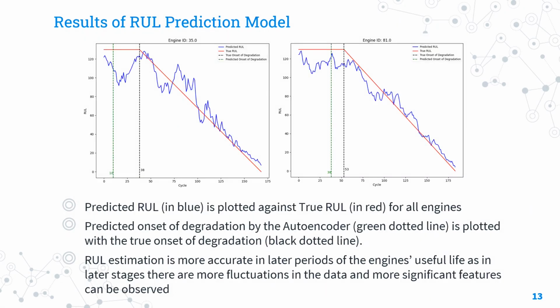For the deep CNN model, the RUL prediction of each engine is plotted against the actual RUL for all the engines. Two of the engine plots are shown here as examples. It can be seen that the RUL estimation is more accurate in later periods of the engine's useful life, as in later stages there are more fluctuations in the data and hence more significant features can be observed.